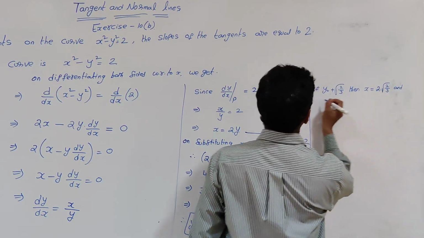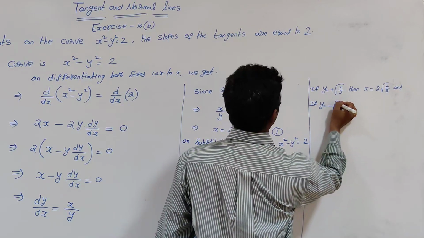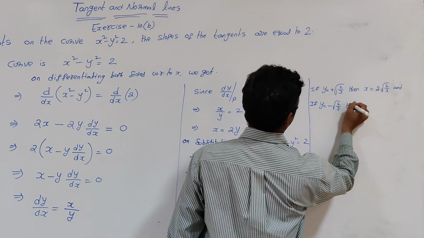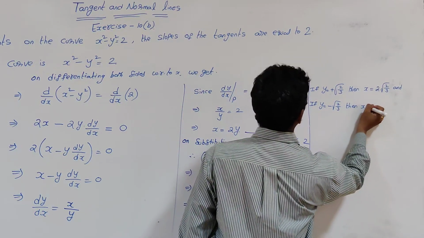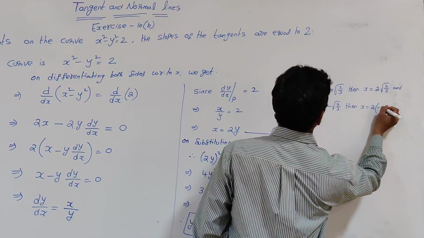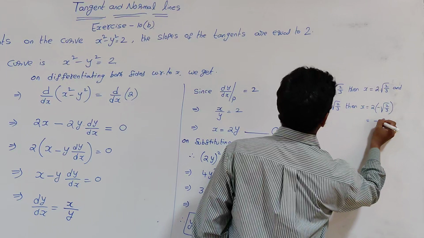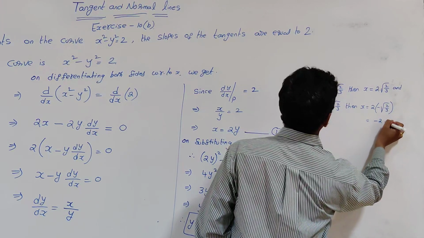And if y is equal to minus under root of 2 by 3, then x is equal to 2 times minus under root of 2 by 3, which is minus 2 into under root of 2 by 3.